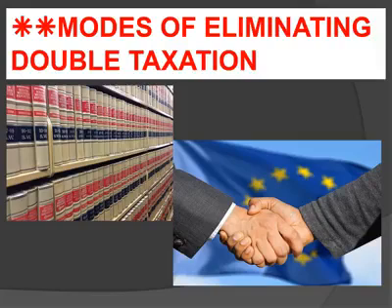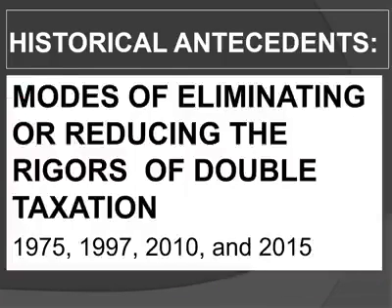Technically, there are two principal ways of eliminating or easing the rigors of double taxation, which is indirect duplicate. One is by statute, the other is by treaty. But we'll talk about that in detail in a little while. This area again is a dangerous area, coupled with the other areas of double taxation, as in 2010 and 2015.